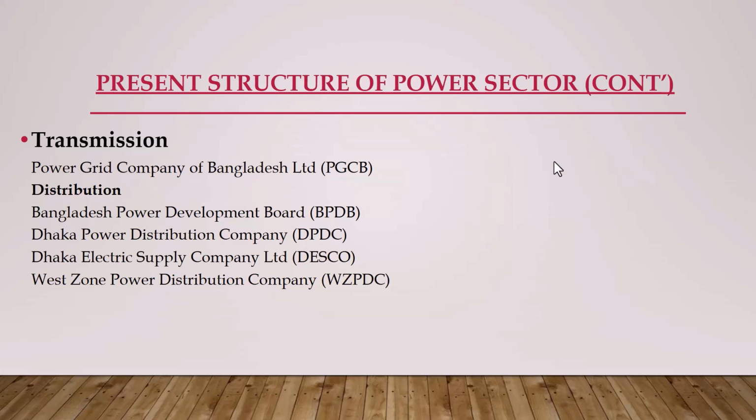This division of roles between transmission and distribution is the key to ensuring that power flows seamlessly from power plants all the way to end users, without unnecessary delays, technical losses, or administrative bottlenecks.